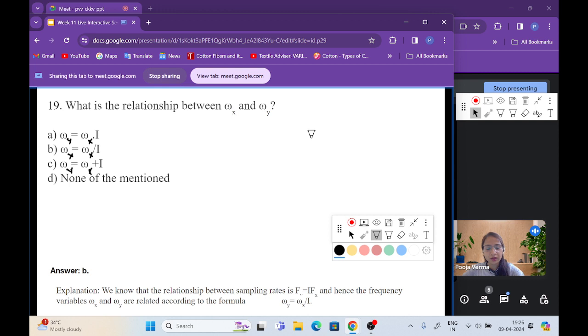Already we know that for interpolation, fy is equal to I into fx. If written in terms of omega y and omega x, then it must be omega y is equal to omega x divided by I. The relation between omega x and omega y is omega y equal to omega x divided by I. Option B is the correct answer for this question.